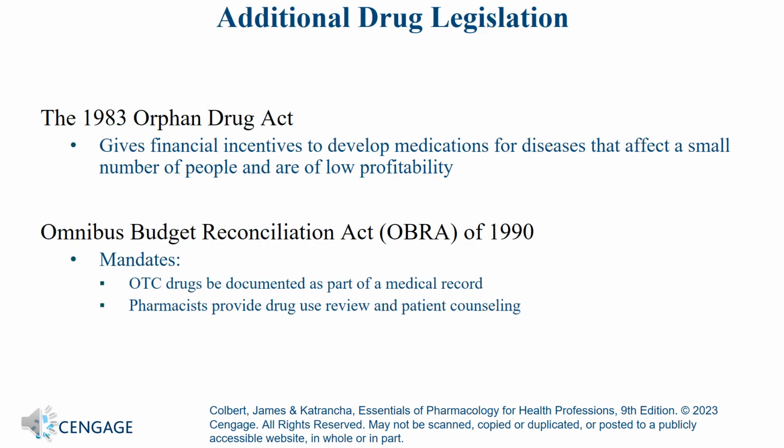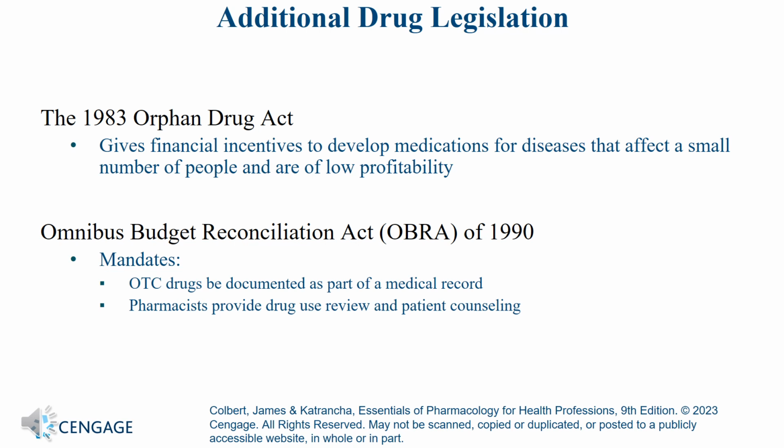Okay, we have additional drug legislation. Let's take a look at the 1983 Orphan Drug Act. What did that do? That gave financial incentives to develop medication for diseases that affect a small number of people and are of low probability.